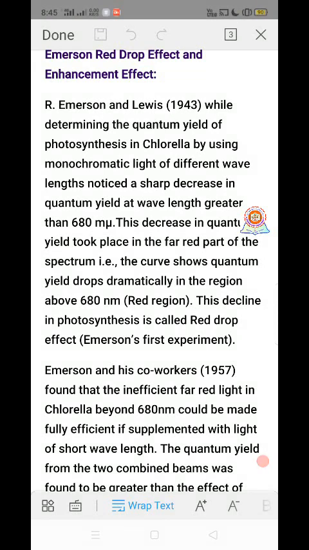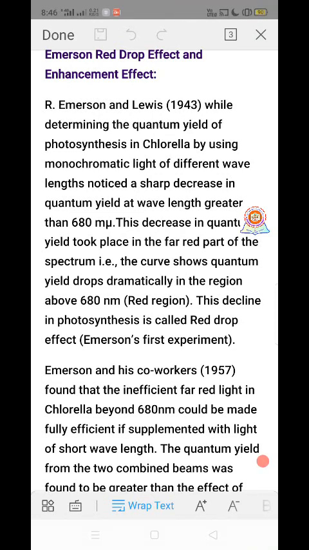Later on, in 1957, Emerson and his co-workers, in his second experiment, found that inefficient far red light in Chlorella beyond 680 nanometer could be made fully efficient if supplemented with light of short wavelength.